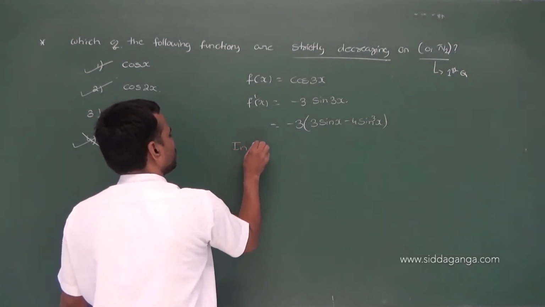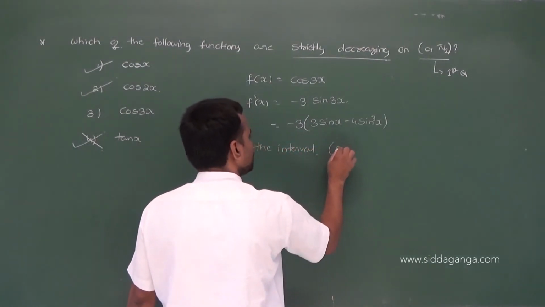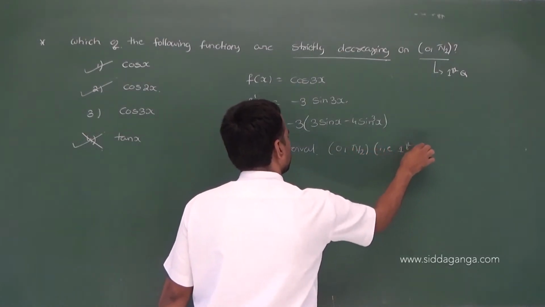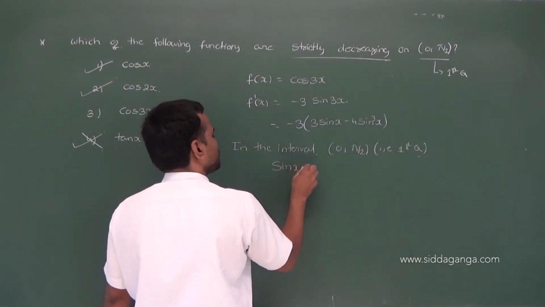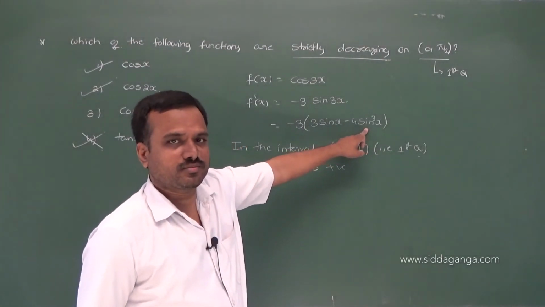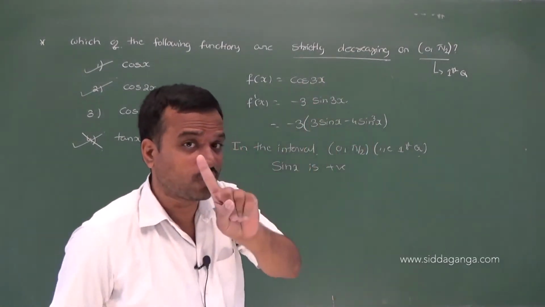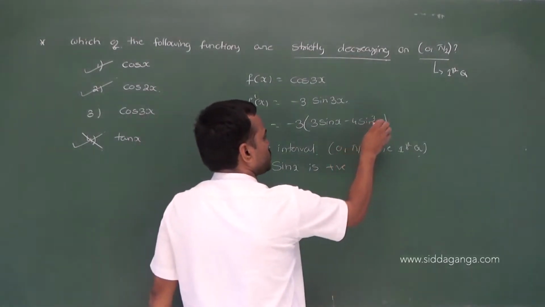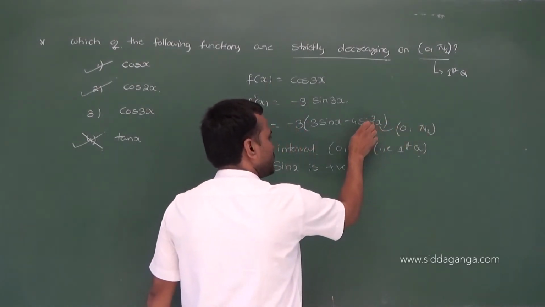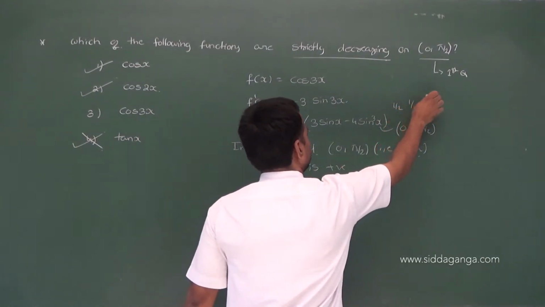In the interval 0 to pi by 2, that is the first quadrant, sin x is positive. Your doubt is, sir, here it is cubic, so is this the larger quantity? No, it is the smaller quantity. Why? For values in 0 to pi by 2, sin 30 degree is 1 by 2, sin 45 degree is 1 by root 2, sin 60 degree is root 3 by 2.